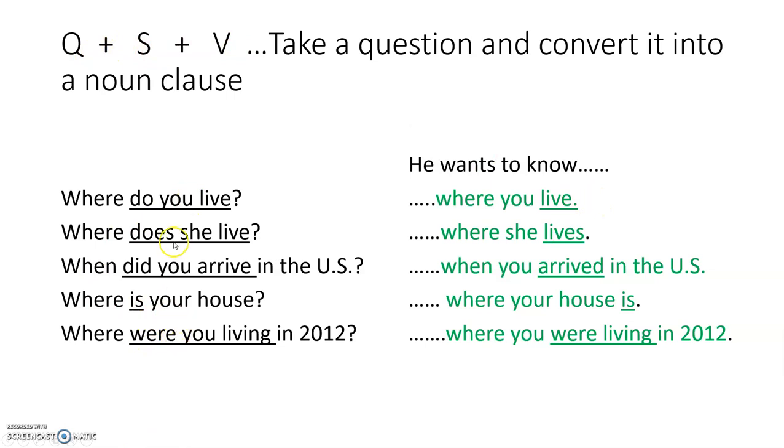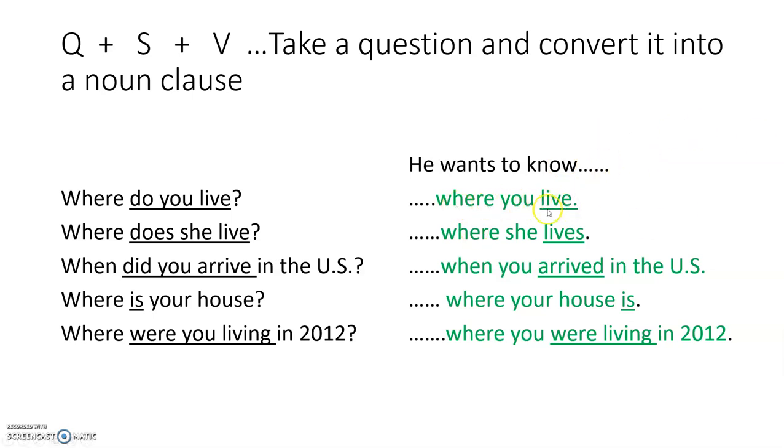Okay, so on the left I have some simple questions. Question verbs in English are not easy because sometimes we have to use a helping verb, and the question verb looks very different from the statement, right? So I have some different examples with simple present, simple past, one with the be verb, one with past progressive. And then when you want to make a noun clause, for example, if you start, he wants to know something, and what is the something?